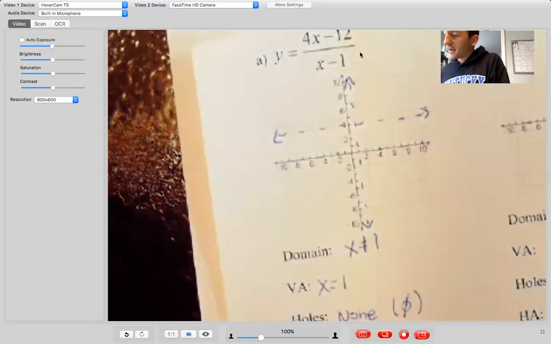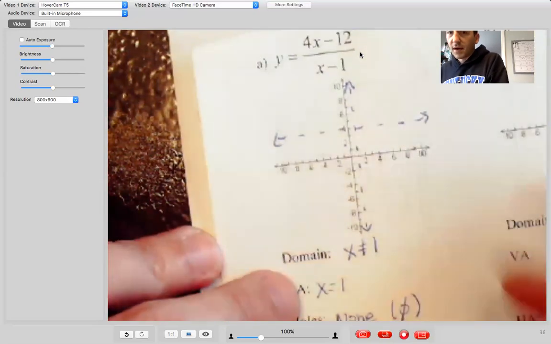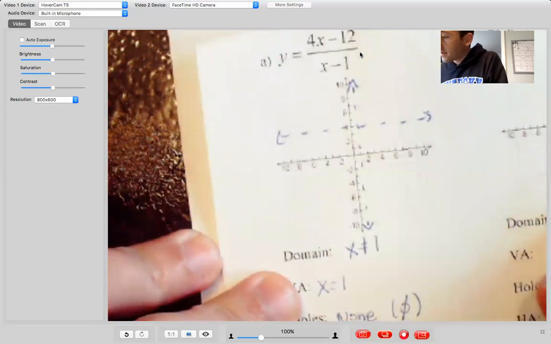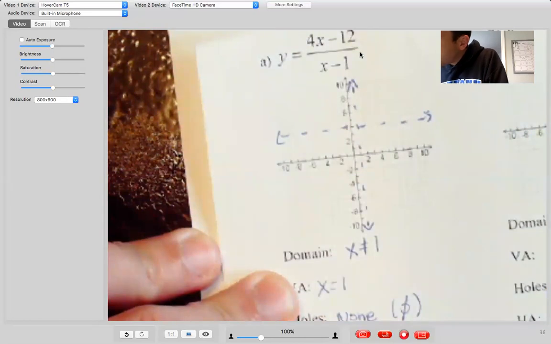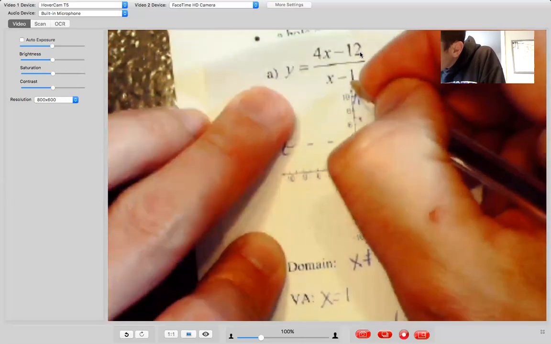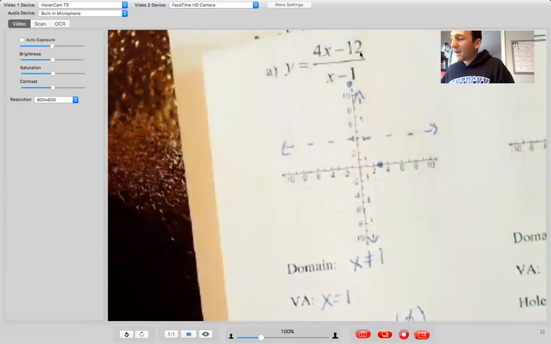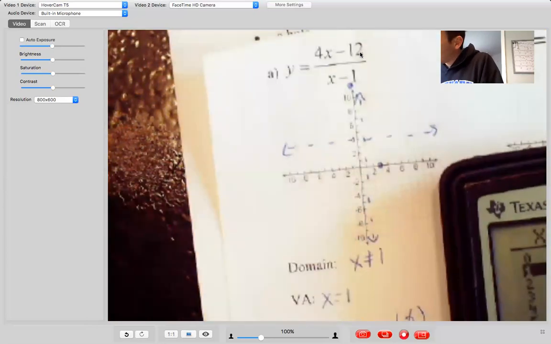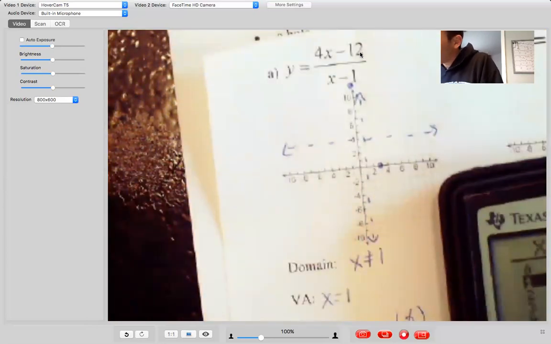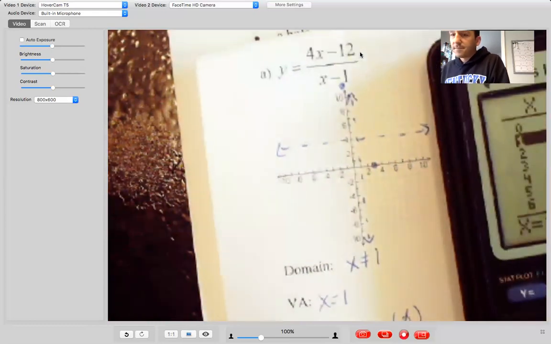So that's really about all you need, those points right there, plus your asymptotes, to be able to get a pretty good graph of it. So 3, 0, remember it goes through 3, 0. Also goes through 0, 12, which is going to be like right up there. Okay, I also, just because I am a little nitpicky, like to put a few more points on there if they make sense.